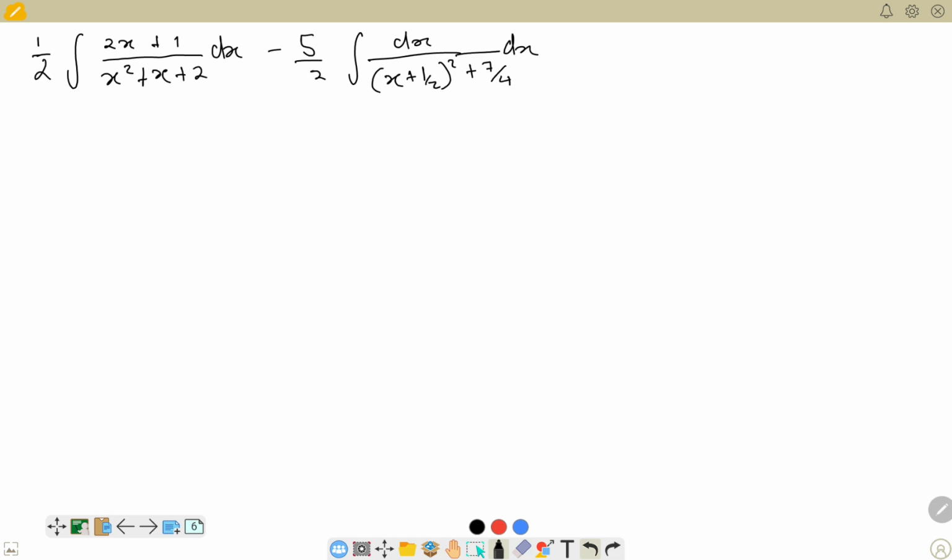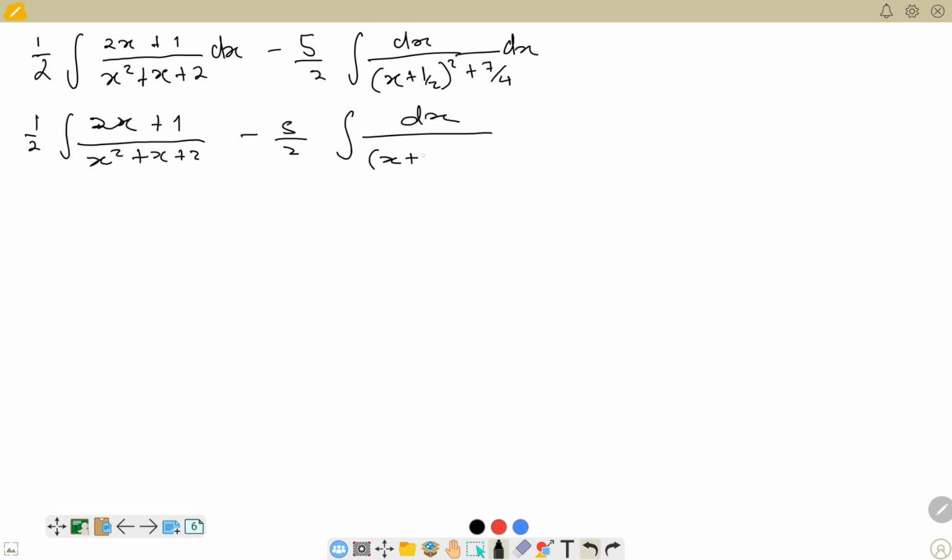The reason we are completing the square on the right hand side is that we can use arctan there, and on the left hand side we can integrate by ln. So before we use the arctan, we can rewrite that again, with the denominator as (x + 1/2) squared plus square root of 7 over 2, all squared.